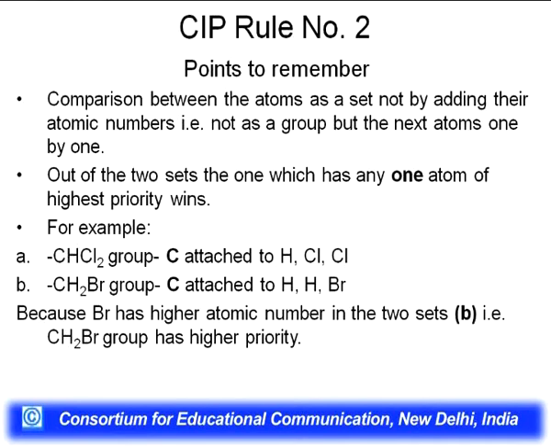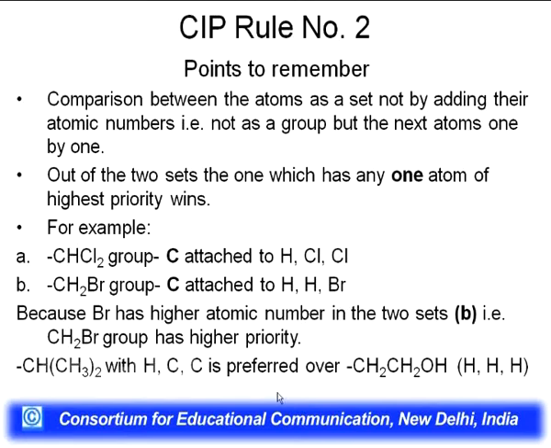If you get the same one, move to the next one. In this manner you can avoid many of the confusions which arise. In this case, although there are 2 chlorines, there is 1 bromine, and because of its higher atomic number, the CH2Br group has the higher priority.